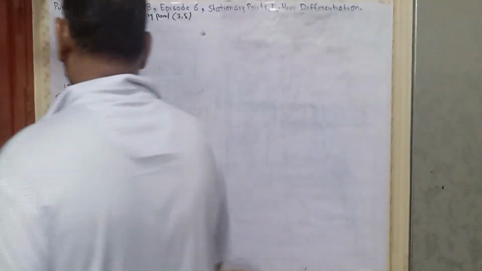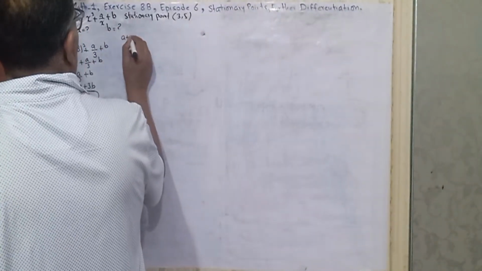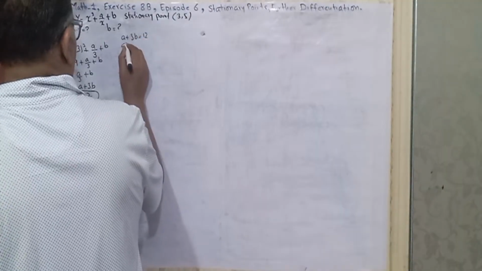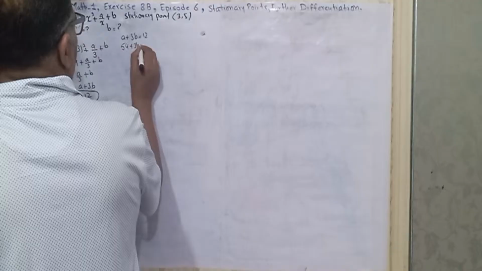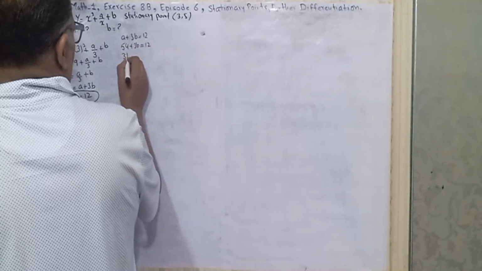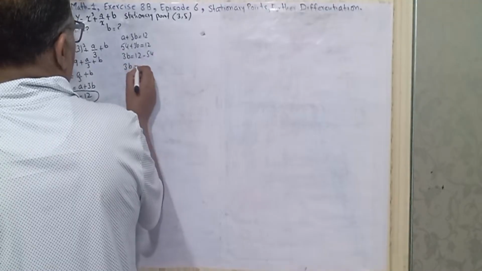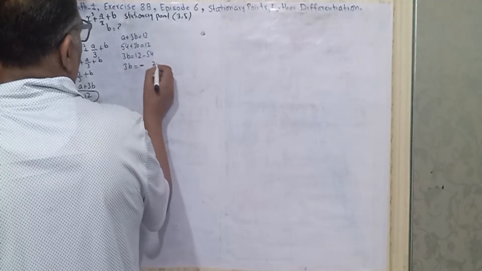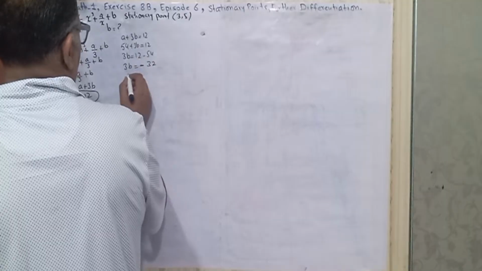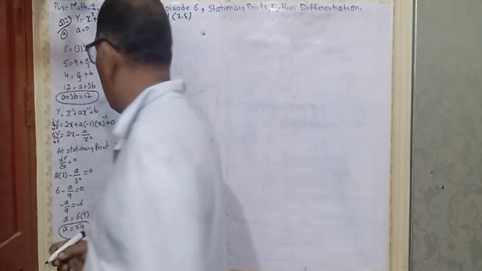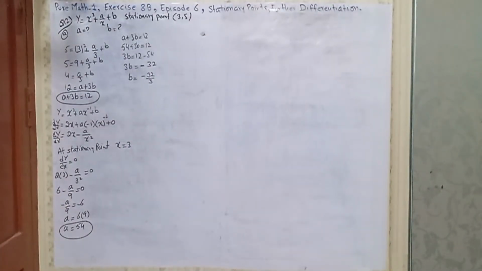You know a plus 3b is equal to 12. So if a is 54, then what will be b? 12 minus 54... Let me check first of all if it's correct.